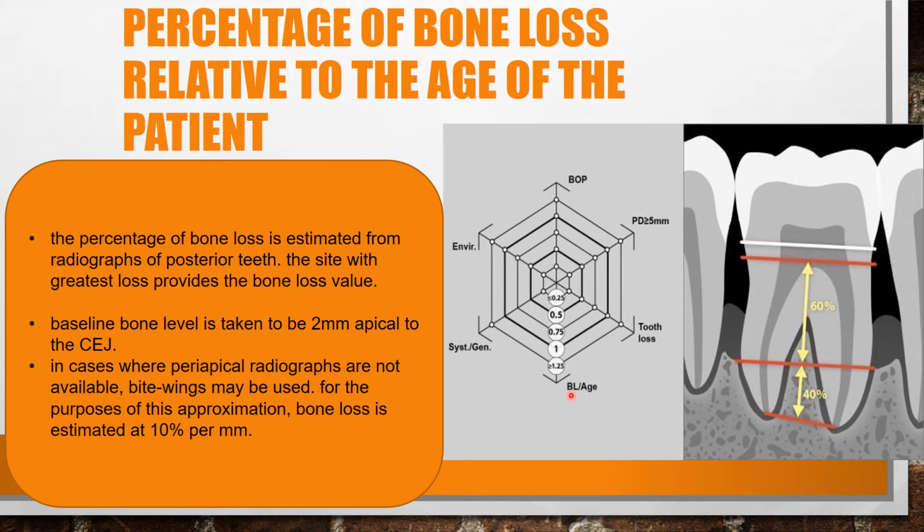This has been categorized as 0.25, 0.5, 0.75, 1 and greater than 1.25. Up to 0.5, that is low risk category, up to 1 is moderate, and greater than 1 is high risk category.